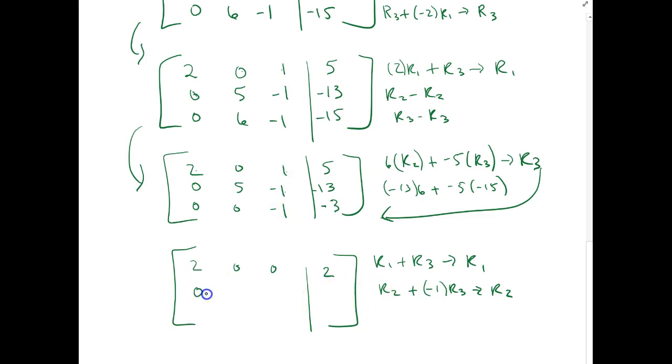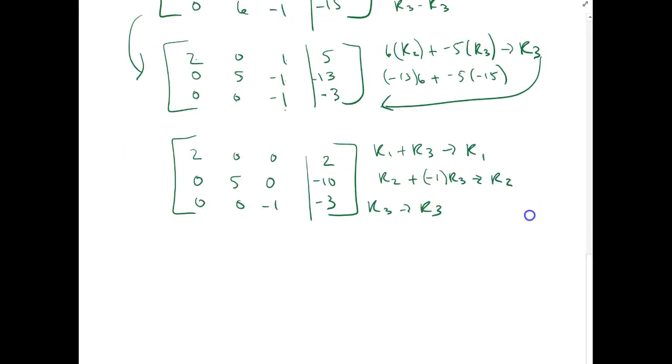So 0 plus 0 is 0, 5 plus 0 is 5, and then that times a -1 plus that is 0. This times a -1 is a +3, plus that is a -10, and then I'll just recopy row 3. Okay, cool. So that's the hard part, is making all those zeros happen.